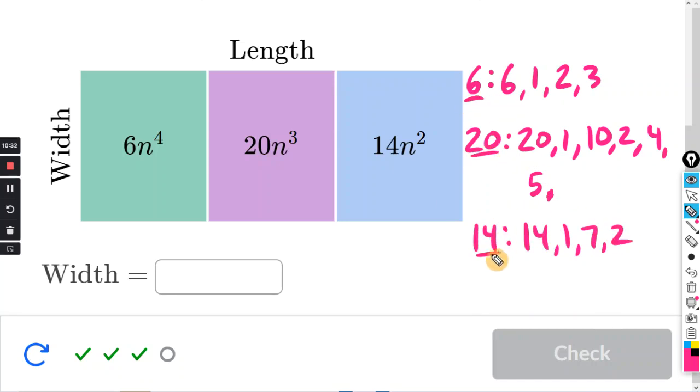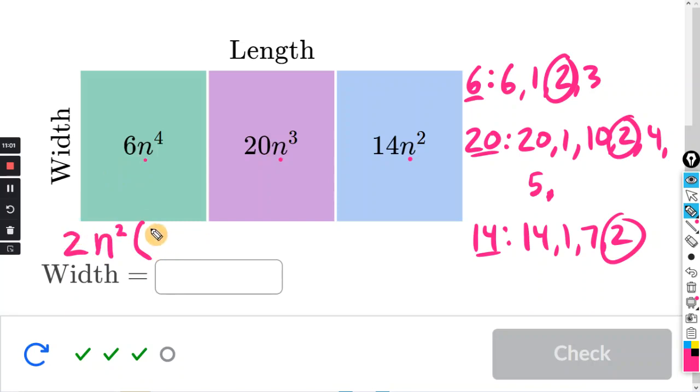Okay, it has to be common to all 3. So the greatest one that's common to all 3 is the 2. All right. So start by factoring out a 2. And then choose the variable with the lowest exponent. We have n to the 4th, n to the 3rd, and n squared. So n squared, the 2, is the smallest exponent.